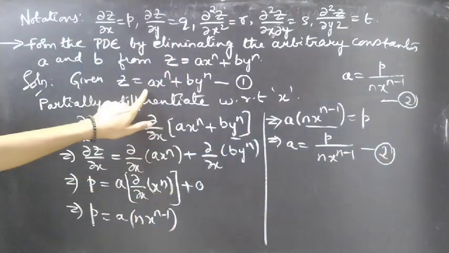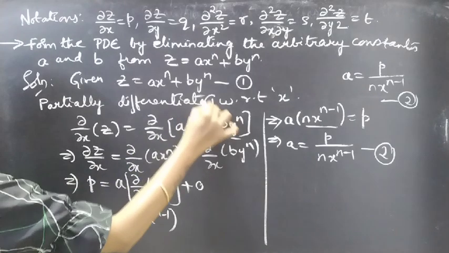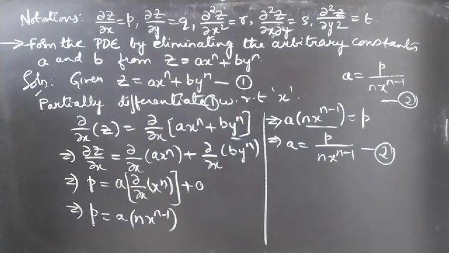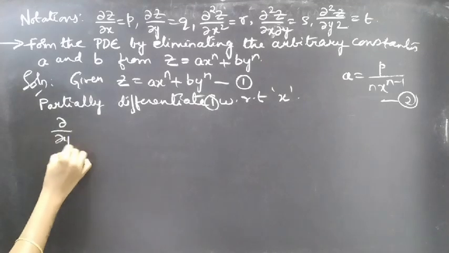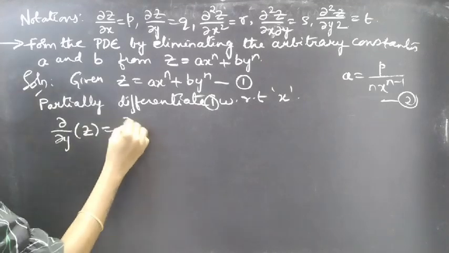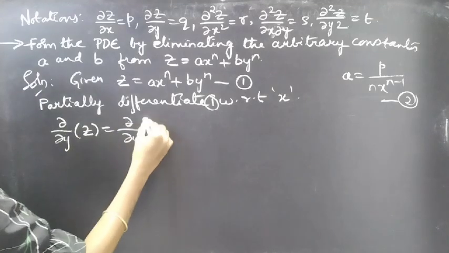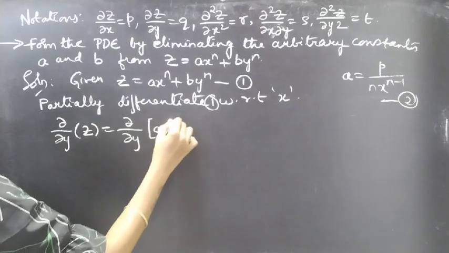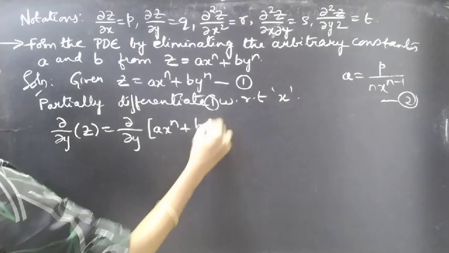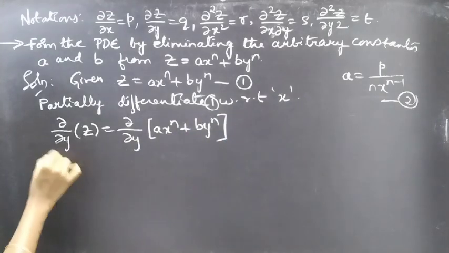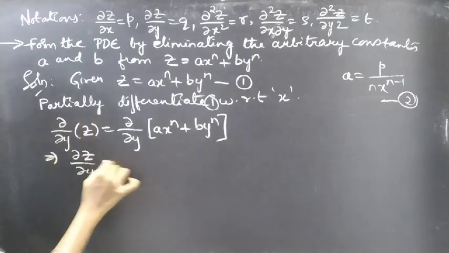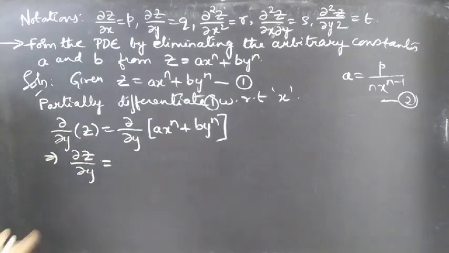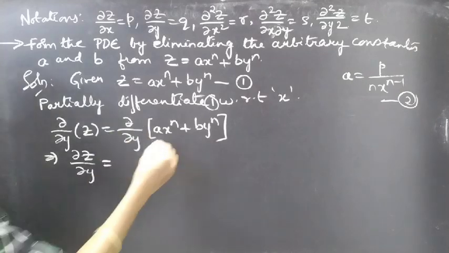Now partially differentiate 1 with respect to y. Okay, partially differentiating both sides of equation 1 with respect to y, we can write this as dou z by dou y equal to, here we are partially differentiating with respect to y, so we'll treat x as constant.